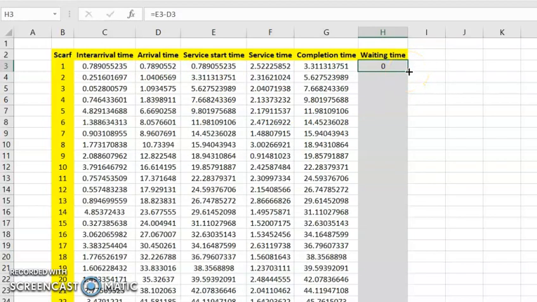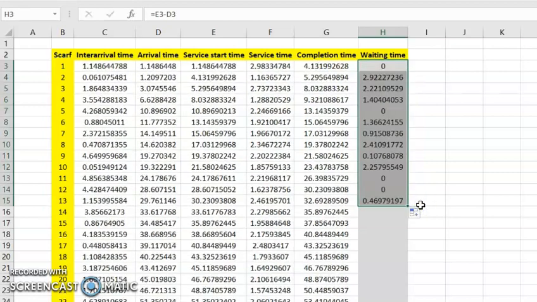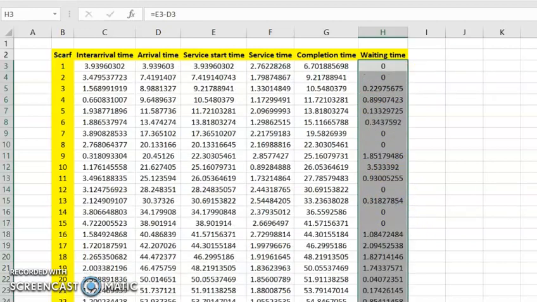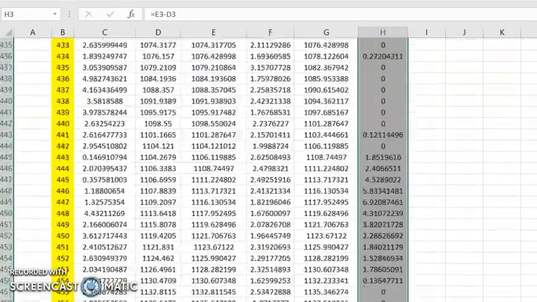Of course, because when the first scarf goes into the inspection section, there is no other scarf, so there should be no waiting time. But after that, from scarf 2, there is a possibility of waiting time. Let's check, for example, for the first 10, you see some of them are gonna wait. But the thing that is important for us is the average of waiting time. So we have this thing.